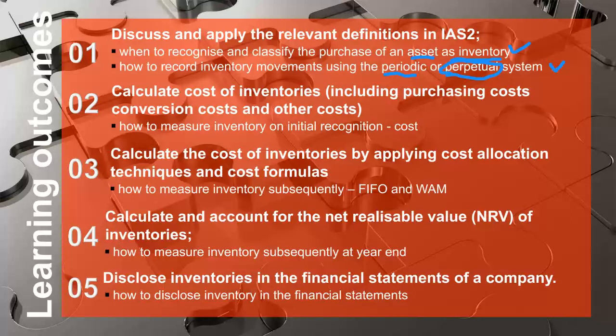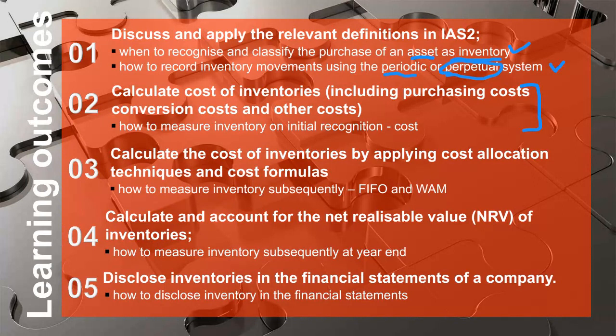Then we started with the calculation of the costs for the various categories of inventory. We started off by just discussing this idea of a purchase cost. And remember, the principle that we learned there, in fact for the entire second outcome, was that we want to include costs that are incurred to bring the inventory to a sellable state.